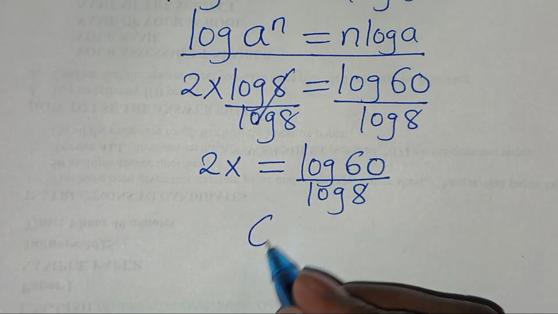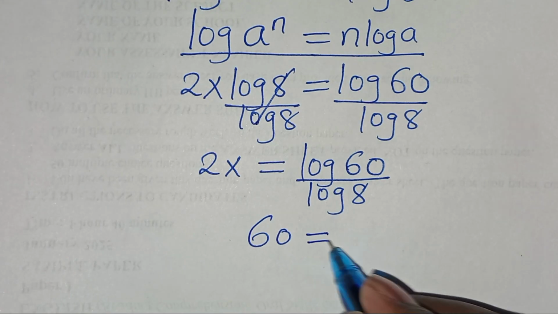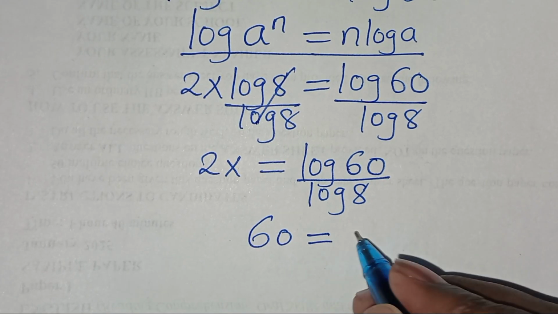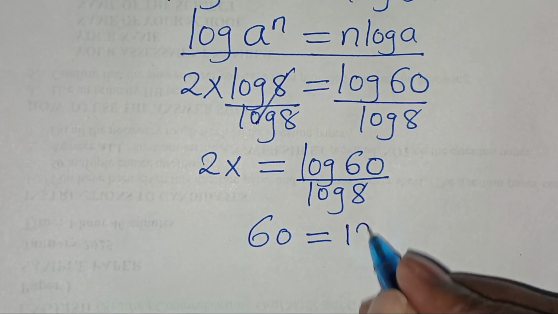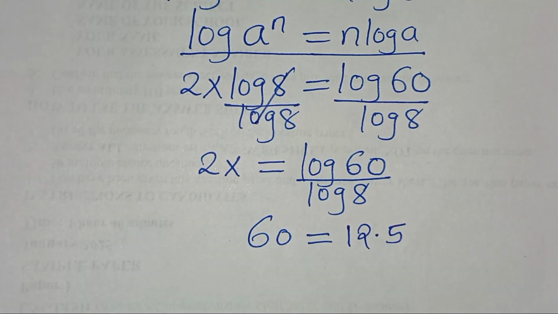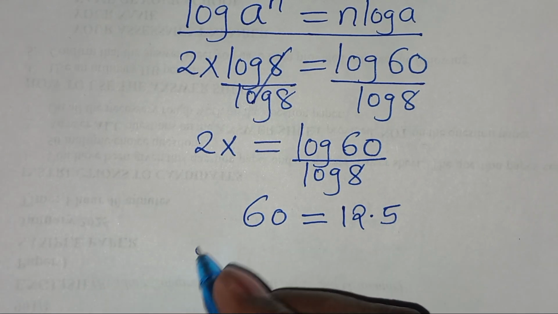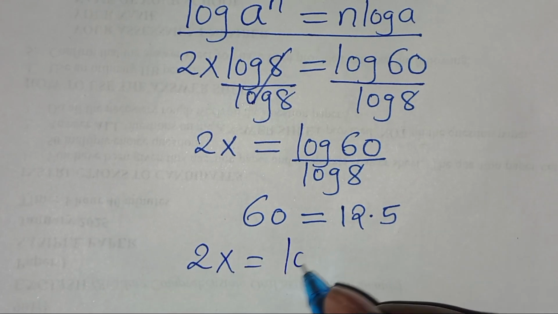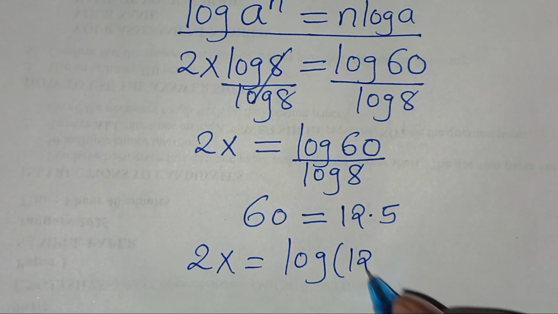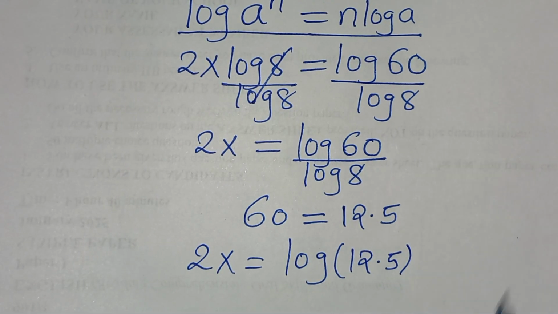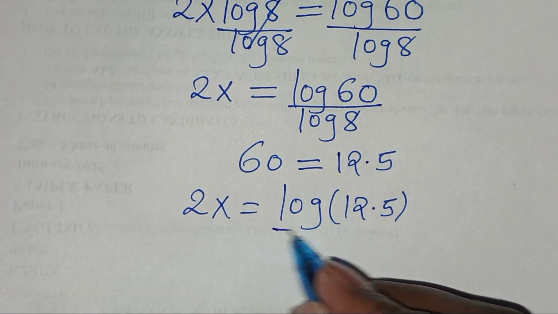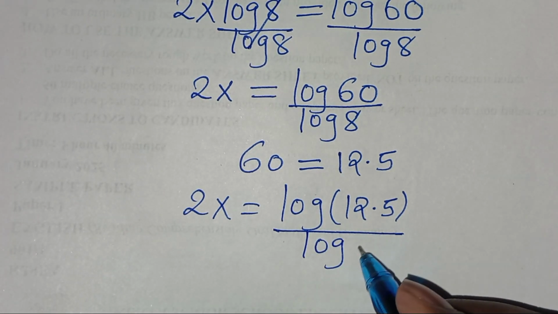We can express 60 basically as, this is the same thing as 12 times 5. So let's substitute this. We have 2x equal to log 12 times 5, all this divided by log 8.